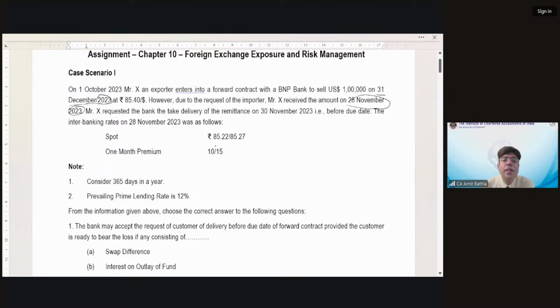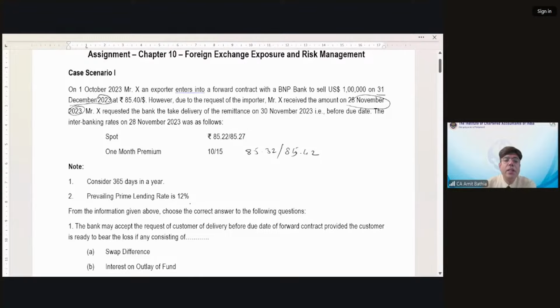So how do you calculate this 10/15? 1 month premium basically means that 1 month later the price will be 85.22 plus 10, meaning 85.32, and 85.27 plus 15 basis points. That means it will become 85.32/85.42. Okay, all right.